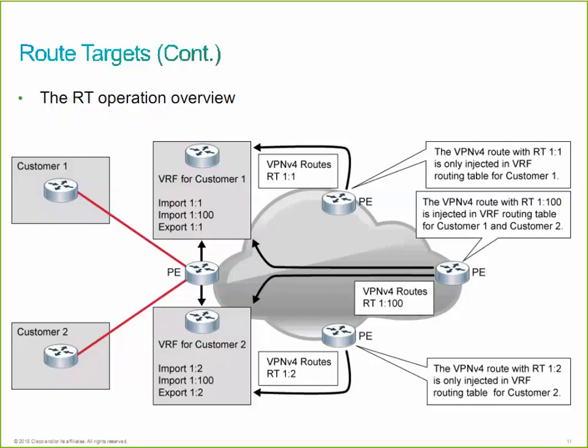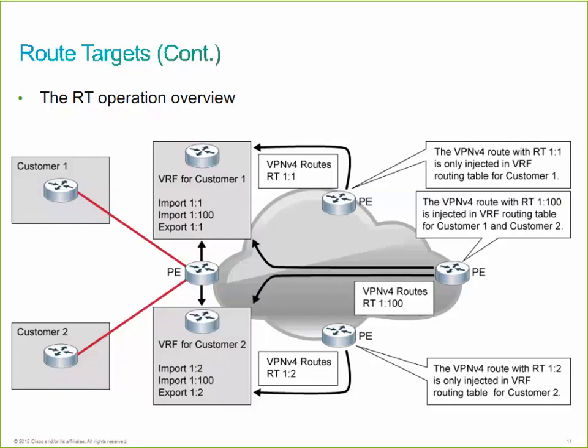When you're looking at the individual VRFs, they're going to look like regular routing tables. But when you look at the MP-BGP routing information, it's going to have the VPNv4 routing information. Does that make sense? All right. So you have a general idea of what a route target is.